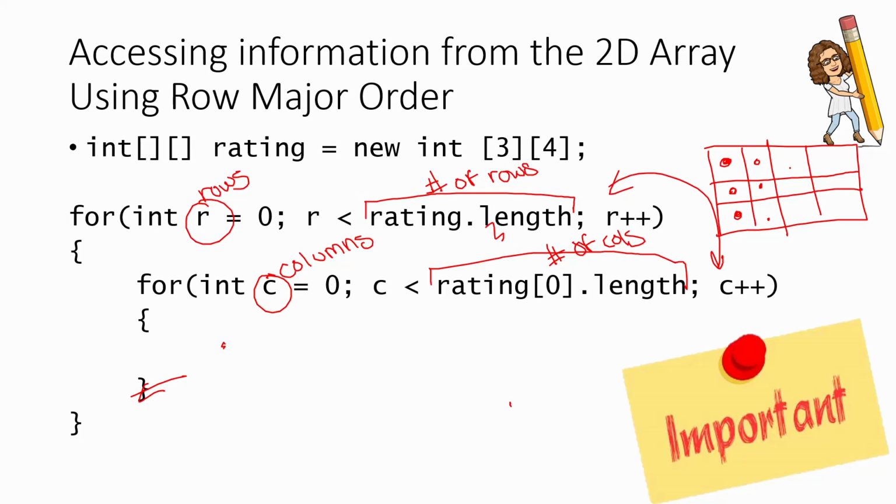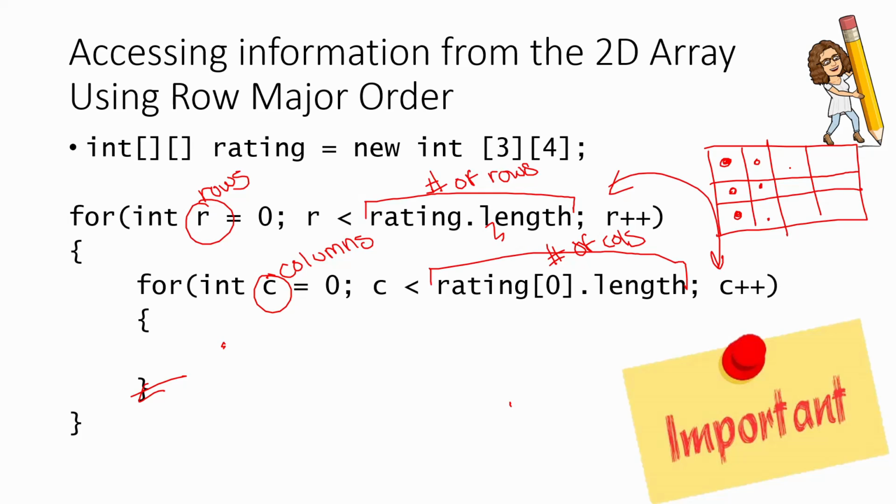I find row major order just works better in my brain. I think it's because I naturally read left to right and up and down. That's just kind of how we naturally read, right? However, sometimes you do want to be able to do column major order because that's what they tell you to read in your data in, or maybe you have to read from the array in that manner.